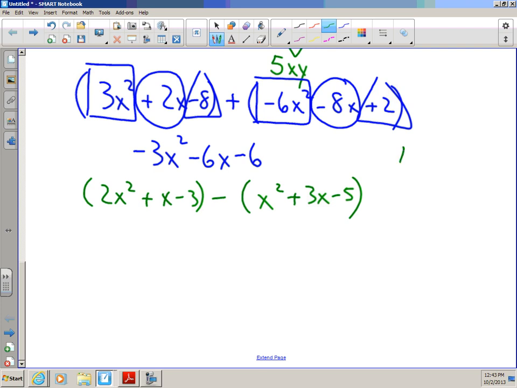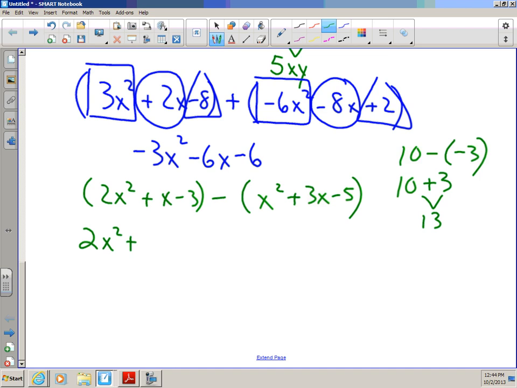So if, for example, you had 10 minus a negative 3, students were taught the keep change change method: keep the first term, change to addition, and change the sign of the second number so that you would get a 13 here.